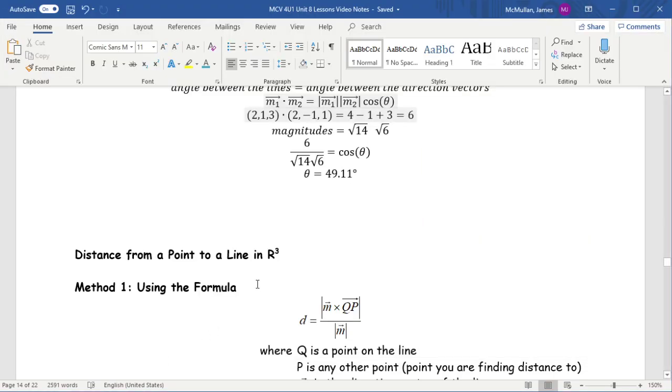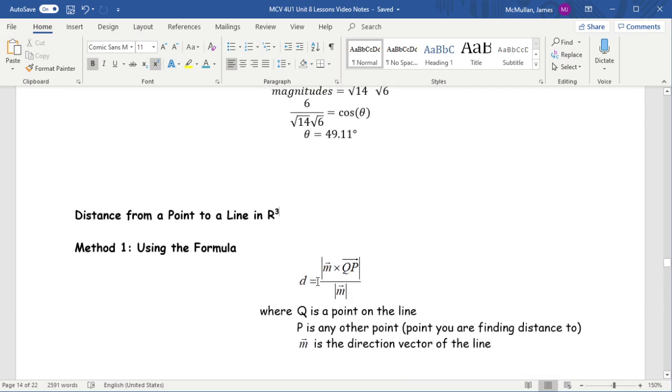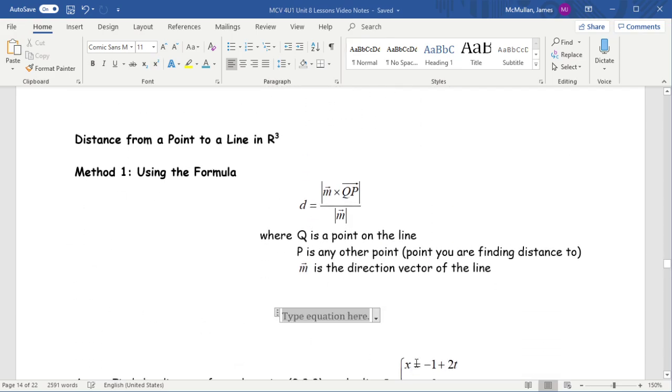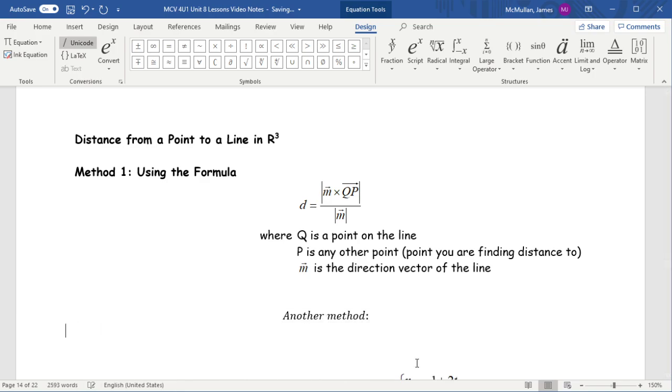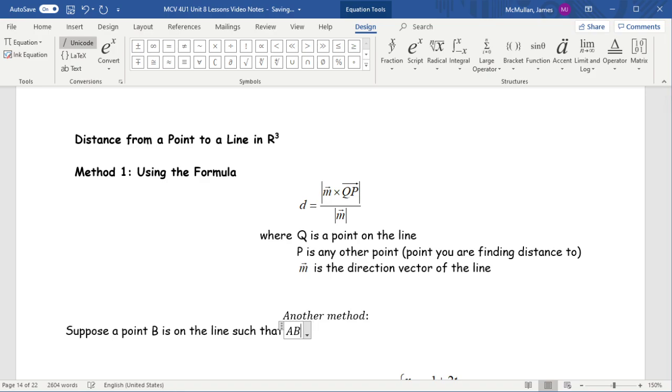So, one way of solving it is, I don't know if they actually do this. They don't do this. So, another method: suppose a point B is on the line such that AB. Sorry, Q is a point on the line, and P is any other point.